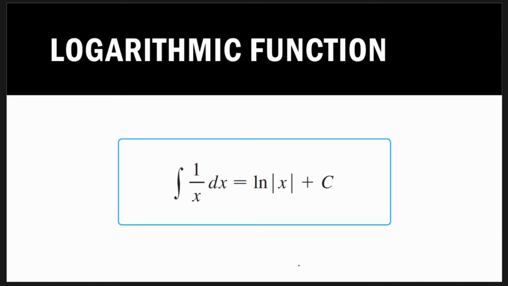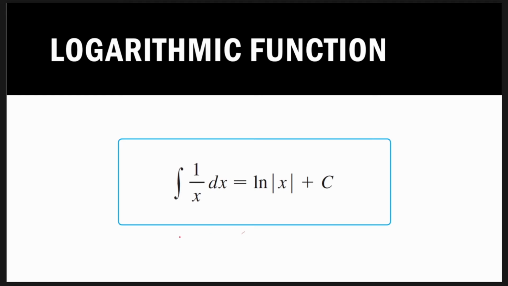So let's proceed. Here we also have the integration formula for the logarithmic function. While we are considering the integration of the reciprocal value, the integral of 1 over x dx is equal to the natural logarithm of the absolute value of x plus c.